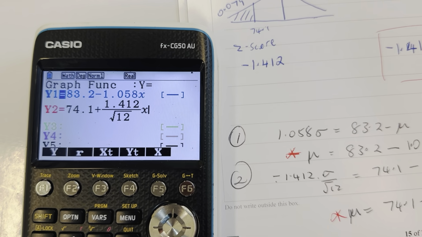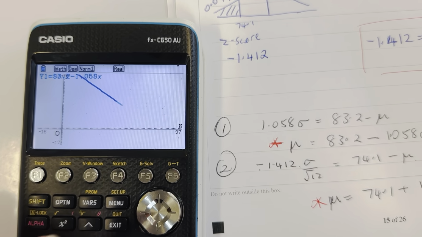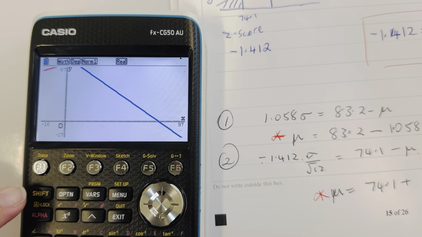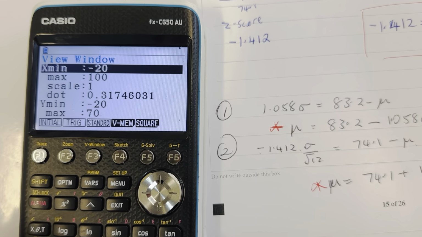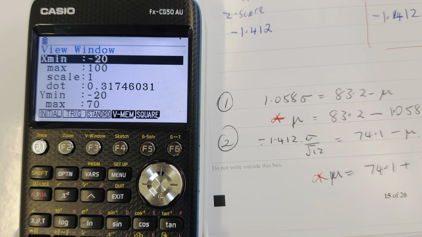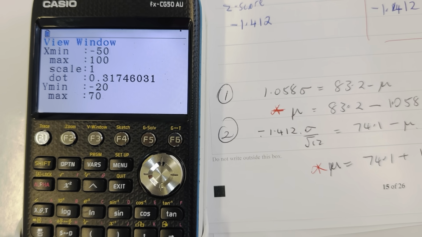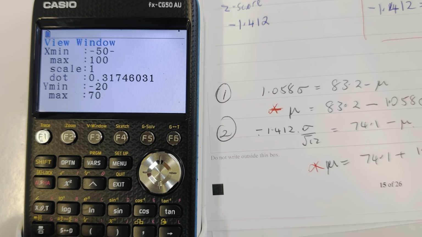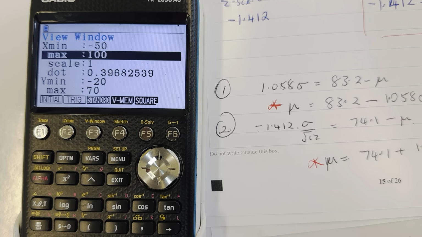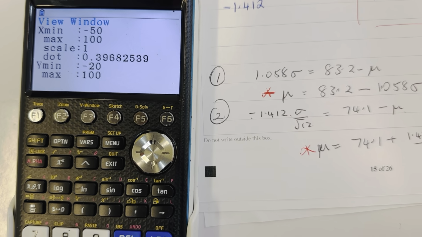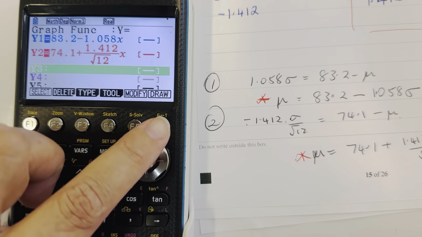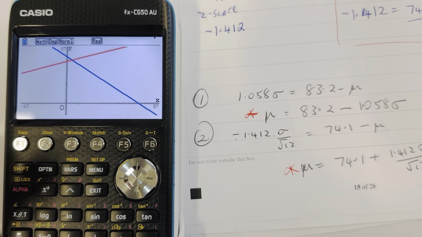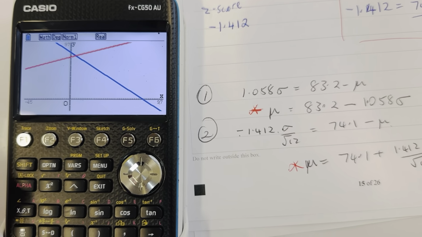I've just graphed them. Draw. I think I just need to improve my window. Next, go negative 50, and let's go down here. I'm going to make my y to 100. See where we go. Okay, now I want to G-Solve, Intersect.